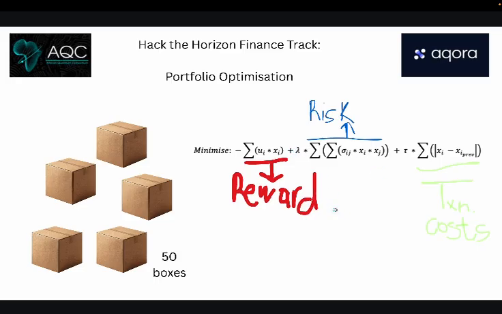QUBO stands for quadratic unconstrained binary optimization. For those who might be familiar with optimization theories, QUBO is one relevant form. What we have to do in our situation is take this problem and map it into the classical version of it.